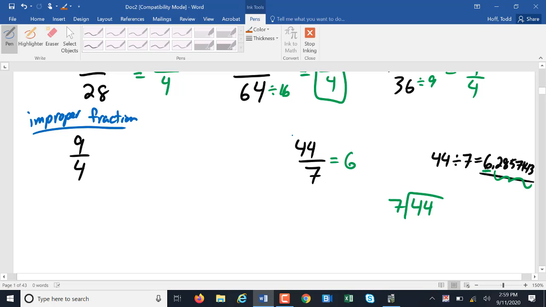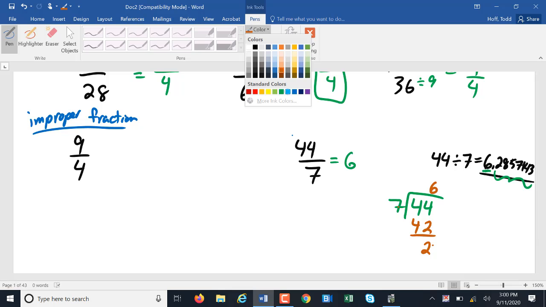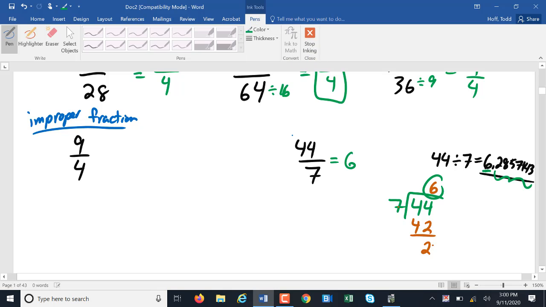We know that 44 divided by 7 is 6. Well, we need to know how many pieces are left. So 6 times 7 is 42. So the 6 whole objects used 42 pieces. We subtract, there's 2 pieces left over. So this is saying we have 6 whole objects with 2 pieces, or 2 of those 7s left over.